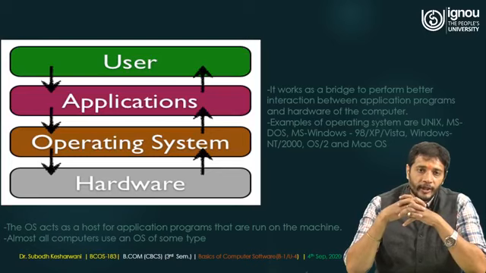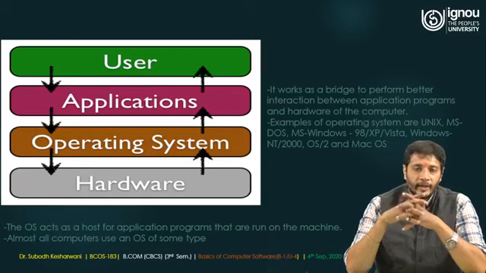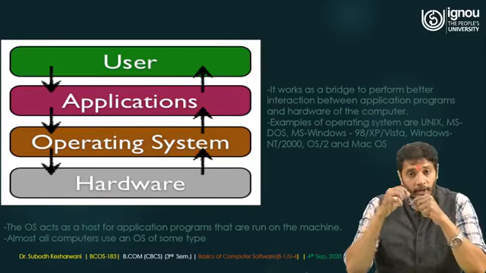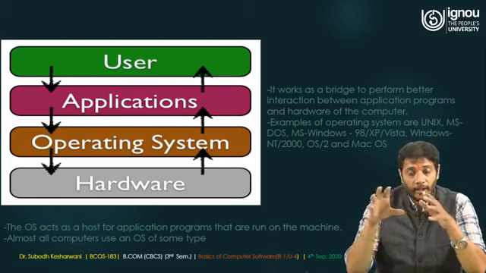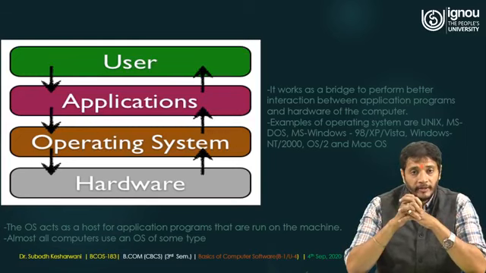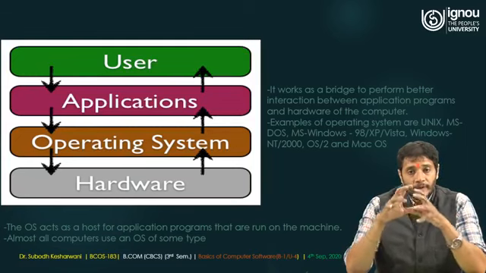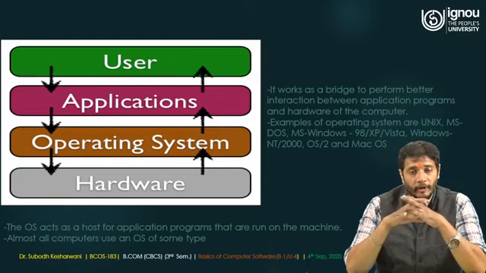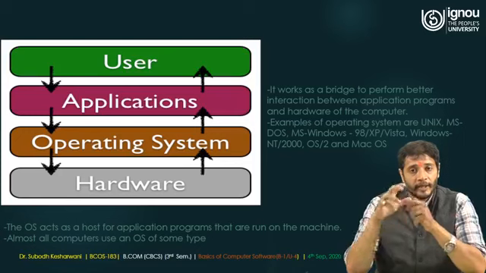In the present scenario, the smartphone has taken the shape of this hardware, and the operating system is Android, which we will talk about in later PPTs. Once you have software like an operating system, then the applications come.